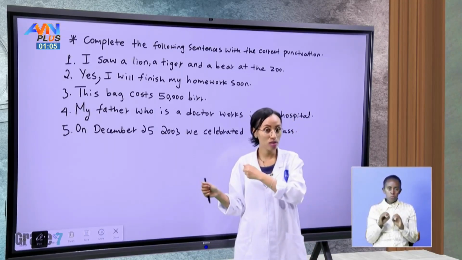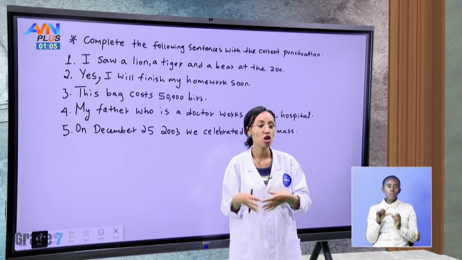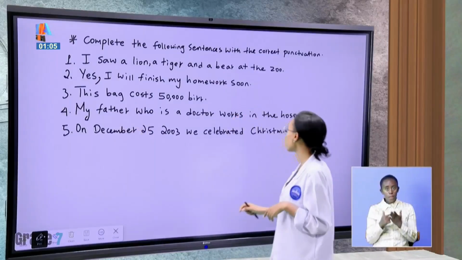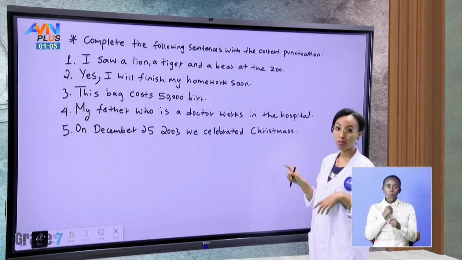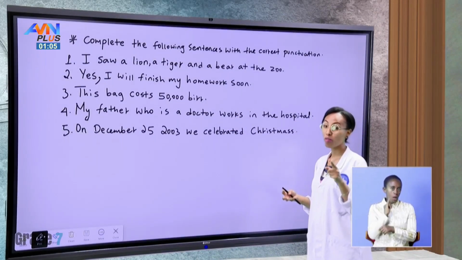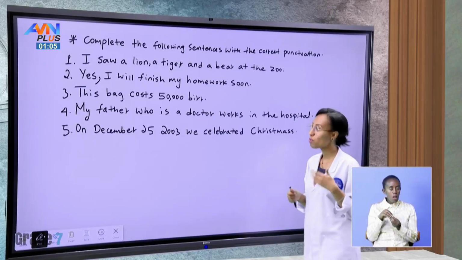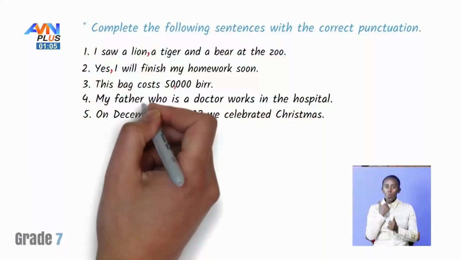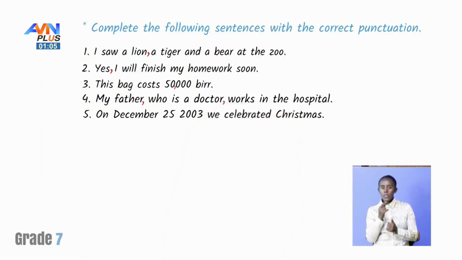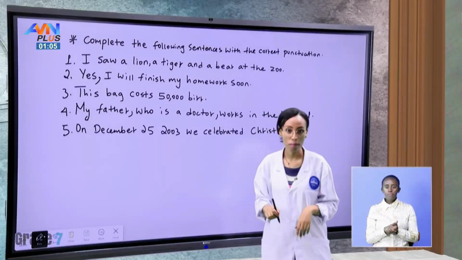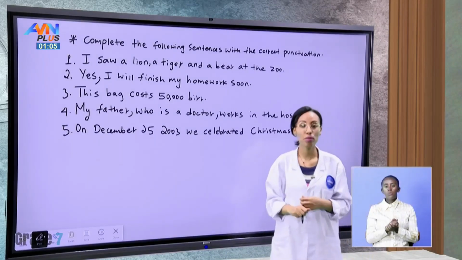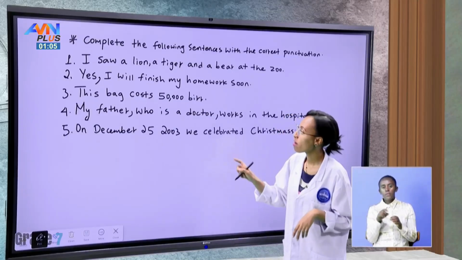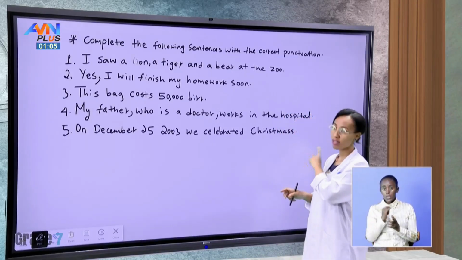We can leave out that idea and still the sentence will make a good meaning for us. So in this case, my father works in the hospital is our main idea. But we have put in an additional non-essential information that is separated by a comma. So my father, comma, who is a doctor, again, comma, 2 commas. When we are separating non-essential information, we put 2 commas. So my father, who is a doctor, works in the hospital.